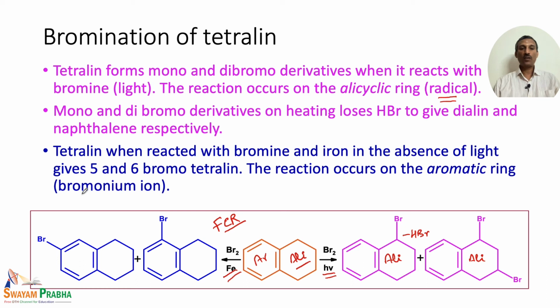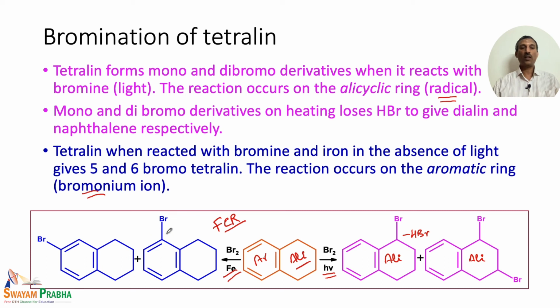The intermediate involved in this reaction is a bromonium ion intermediate. So depending on the reaction conditions, one of the rings undergoes the reaction. If it is a radical condition, the bromine addition happens on the alicyclic ring, and if it is Friedel-Crafts or the bromonium ion intermediate condition, the aromatic ring is brominated.